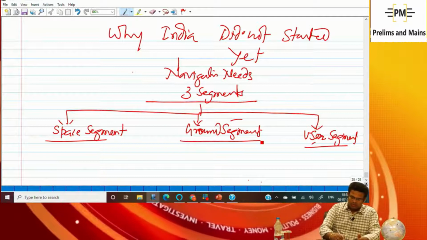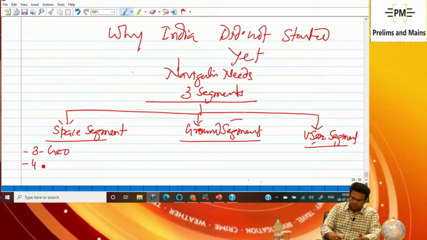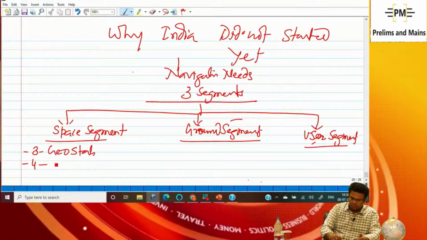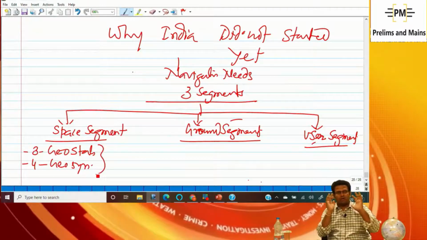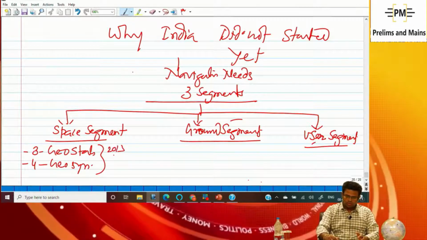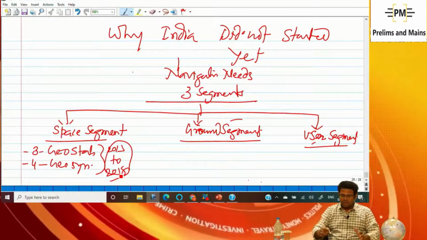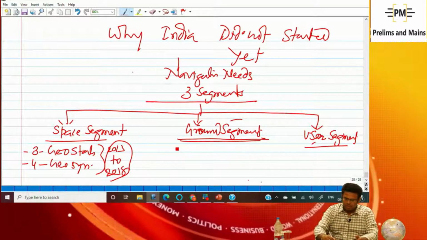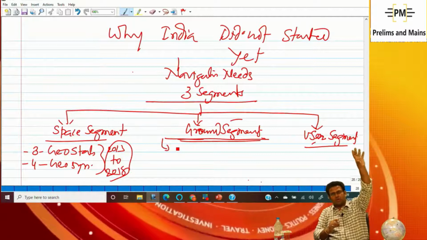In the space segment we have sent 3 geostationary and 4 geosynchronous satellites, and we completed the program from 2013 to 2018, so our space segment is complete. Now for the ground segment, there is a need for something that can keep on controlling.